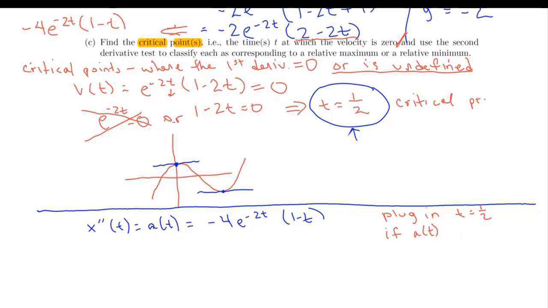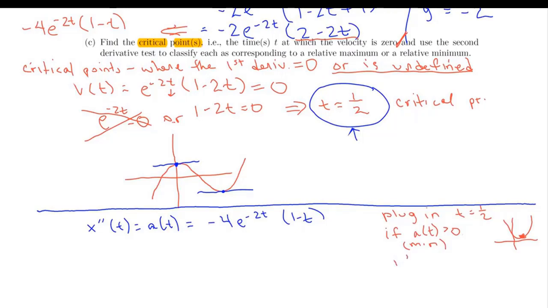If it is greater than 0, think of it like this. When I have a parabola with positive coefficient, it opens up. Notice I have a minimum. When the second derivative is greater than 0, or positive, I have a minimum.